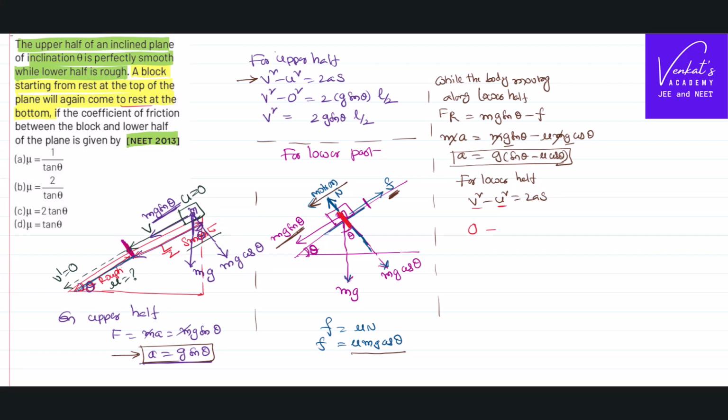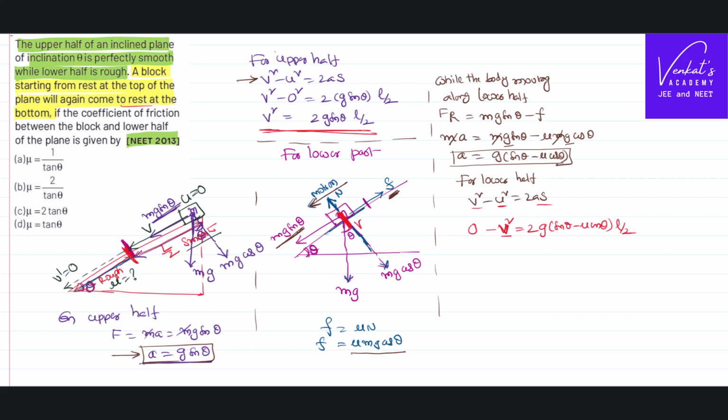Here velocity is what we have already calculated as v. So 2a means we have already derived g sin theta minus mu cos theta. S is L by 2. Be careful, this v is not the final velocity. This is the velocity acquired by the body after covering the upper half, right?